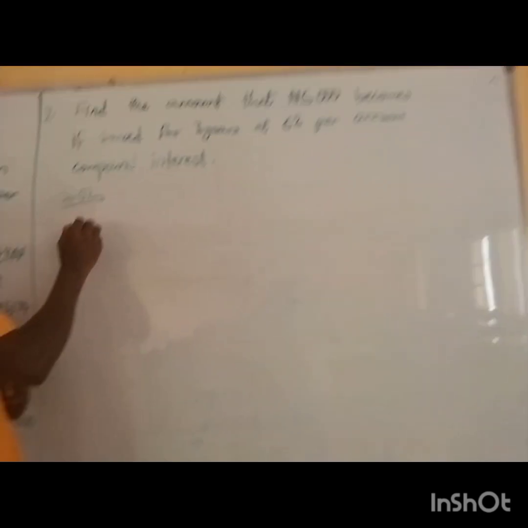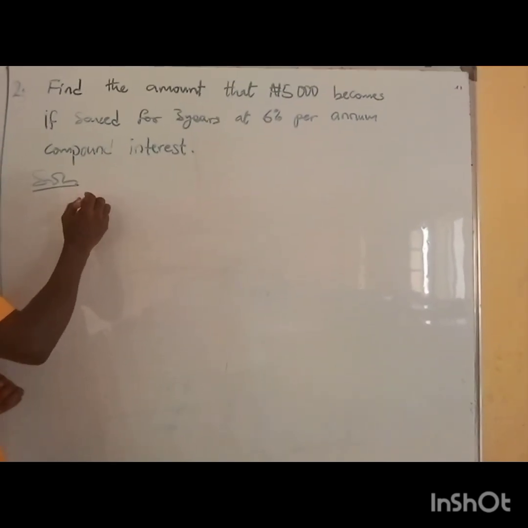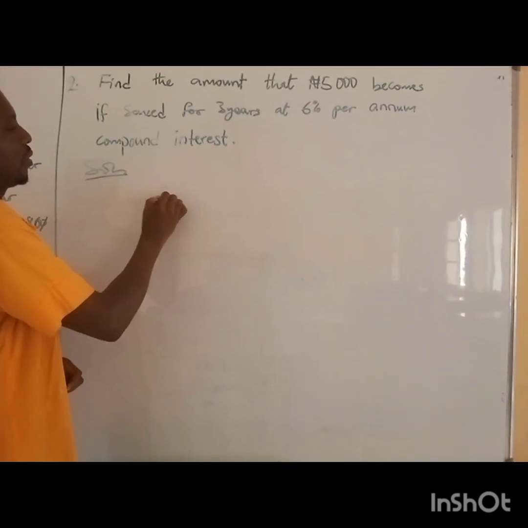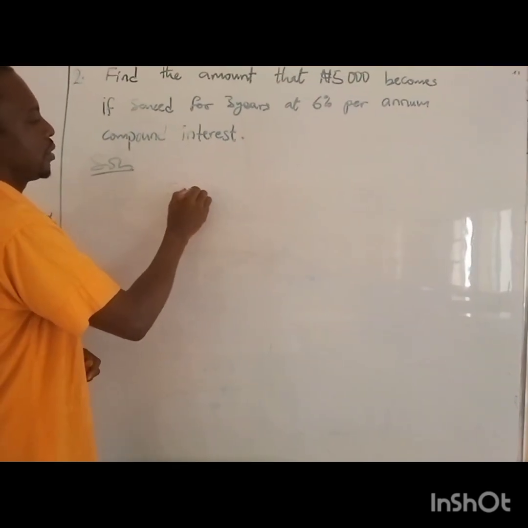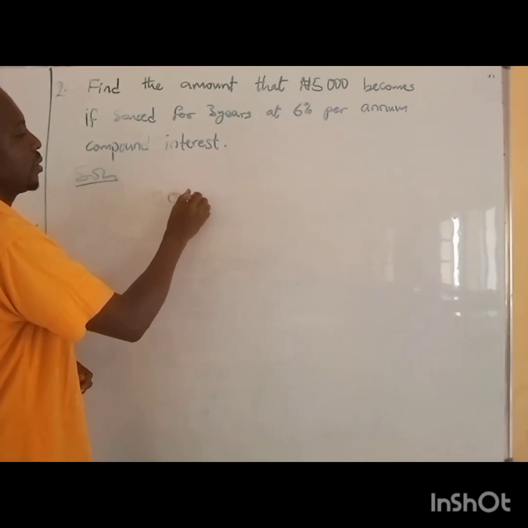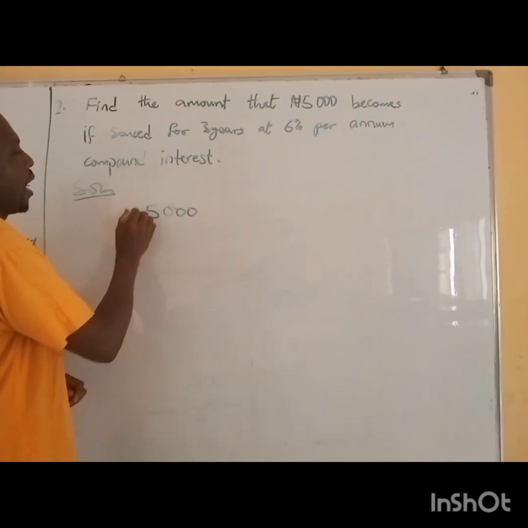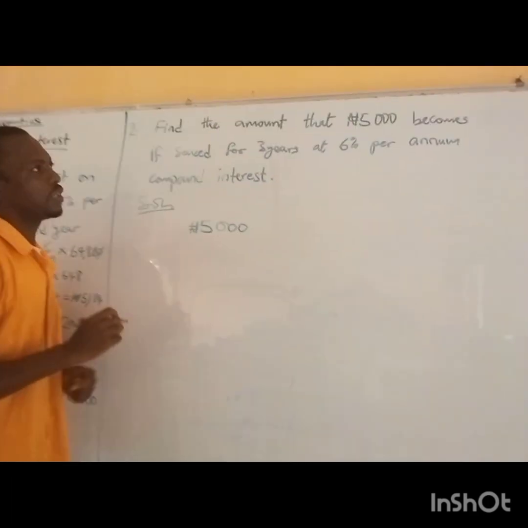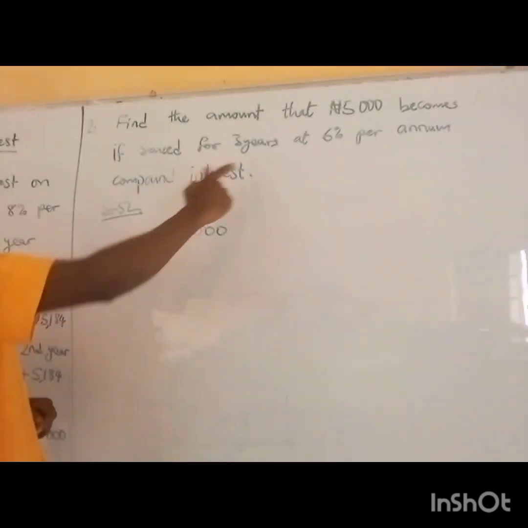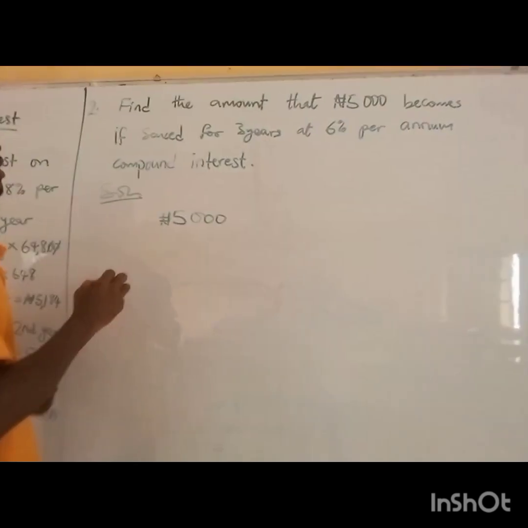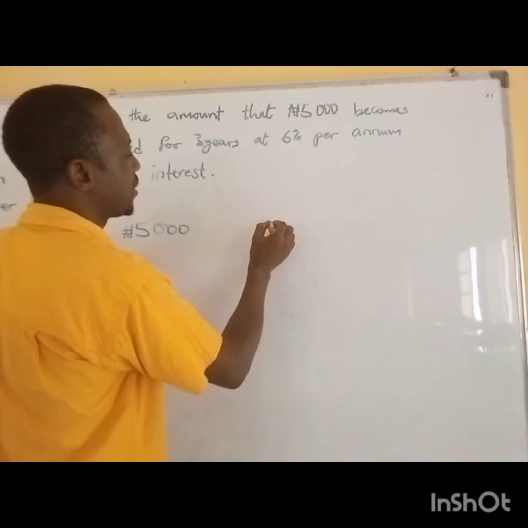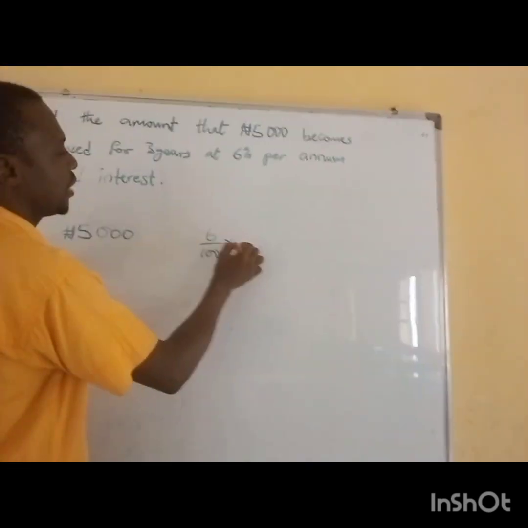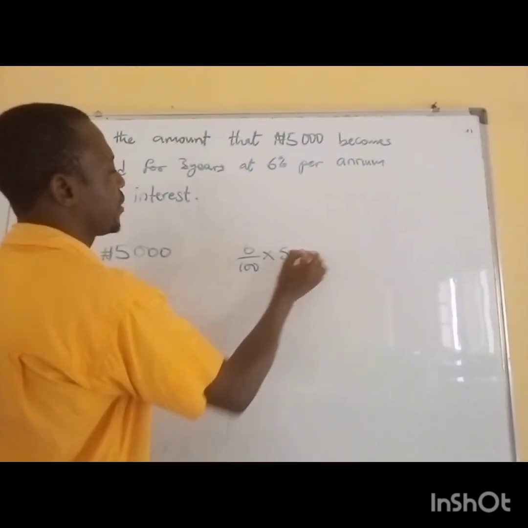Now we have 5,000 at the beginning of 3 years, and we save this money at the interest of 6%. So 6% means 6/100 times 5,000.